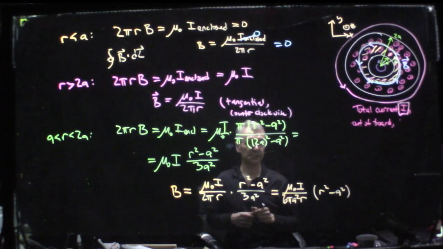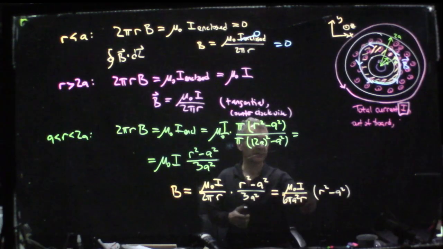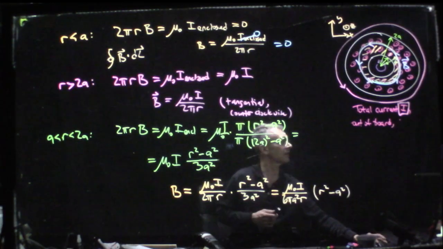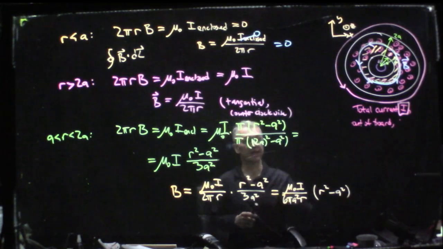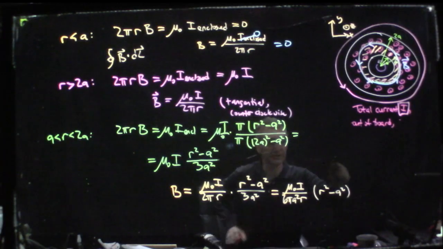Another way you could do it, I guess we could divide out the a squared and make this term be 1. Let's see how that looks.